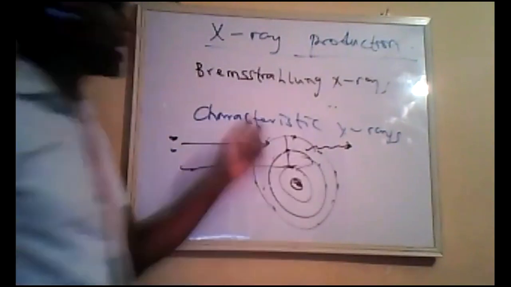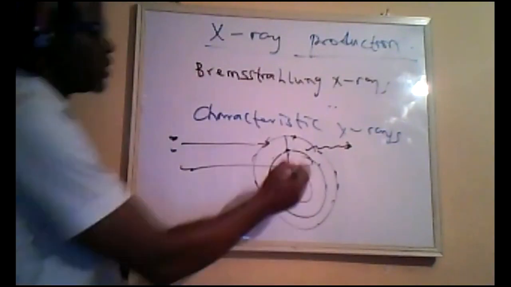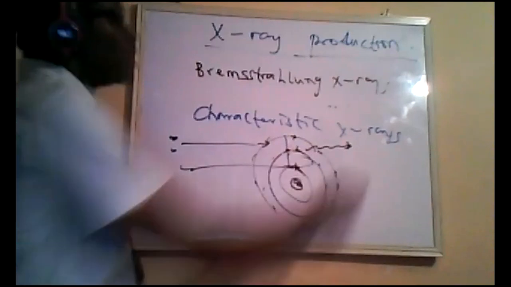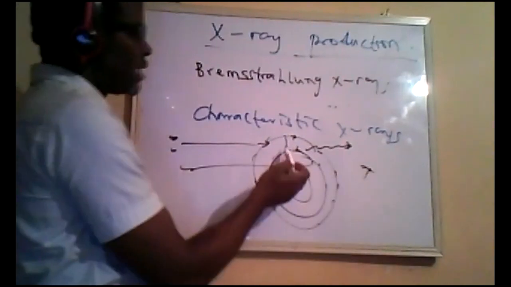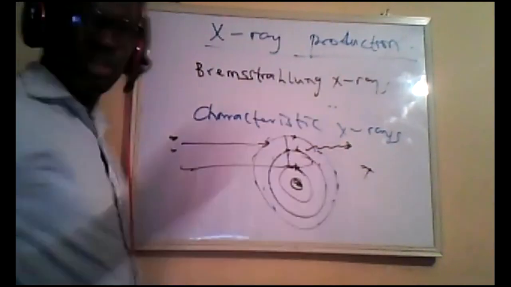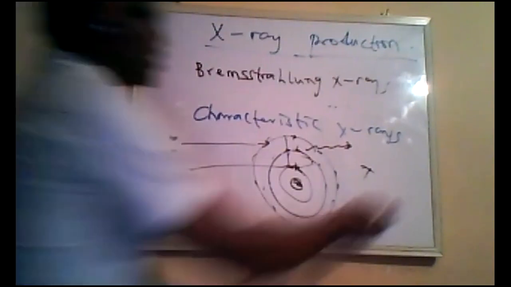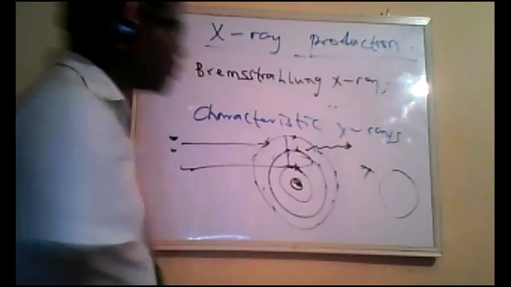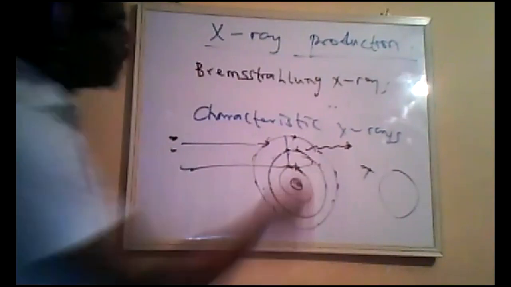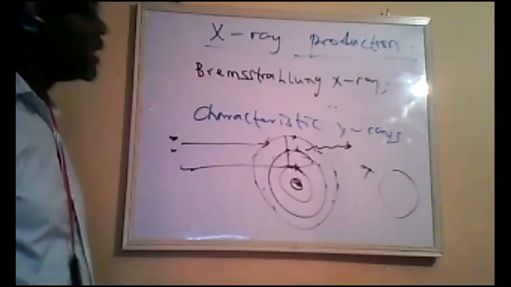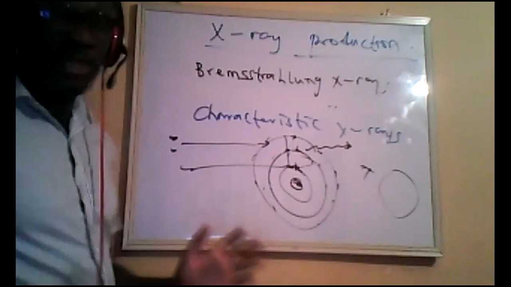I said the name characteristic is because, for example, this is a K shell, this is an L shell. For tungsten, the difference between K and L is a characteristic of tungsten. It's different from molybdenum. If an electron falls from the L shell to the K shell in molybdenum, the energy is a known energy.